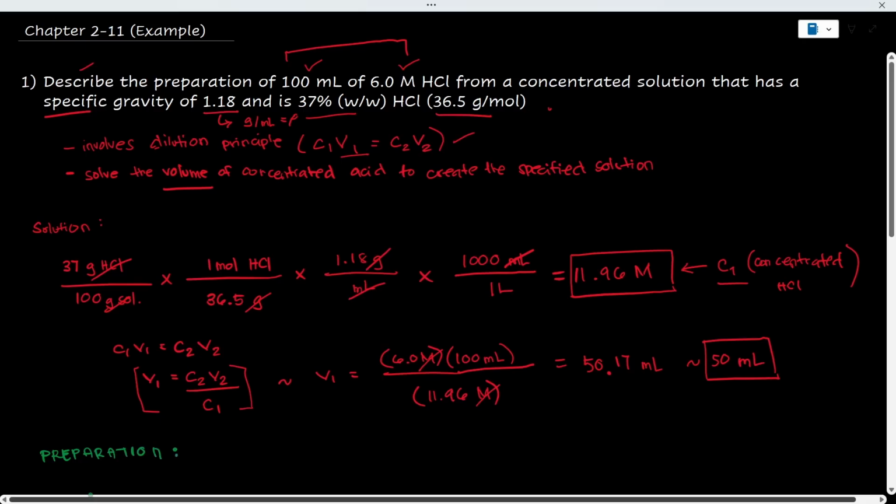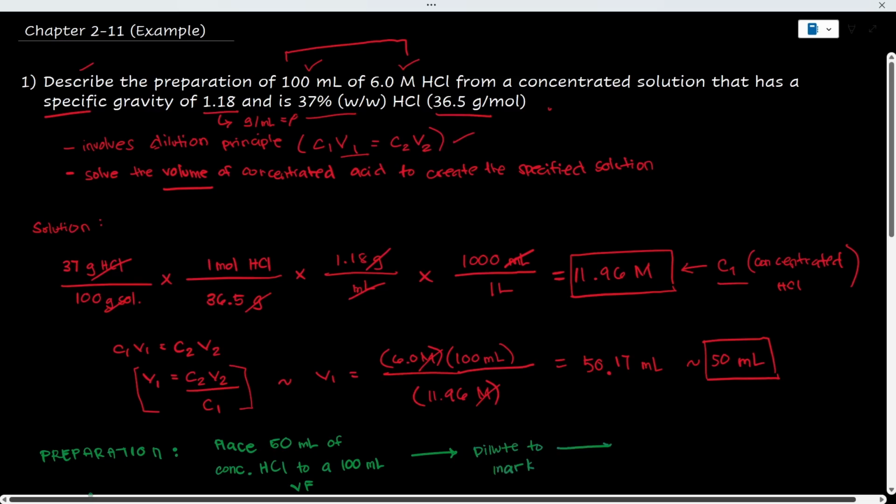Since we have calculated the initial volume needed to create the solution, place 50 ml of concentrated HCl into a 100 ml volumetric flask, VF. Then after that, dilute to mark.